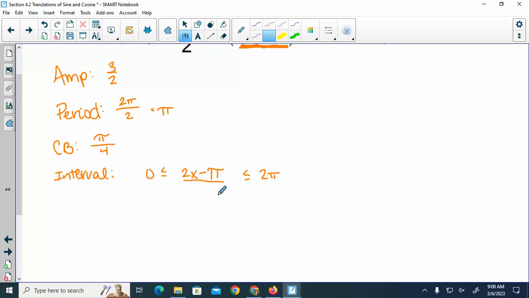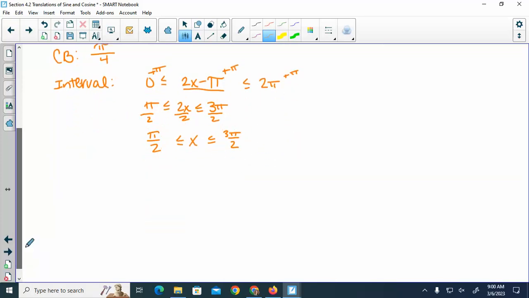So what would we do? Add pi. Pi less than or equal to 2x less than or equal to 3 pi. And then we divide by 2.